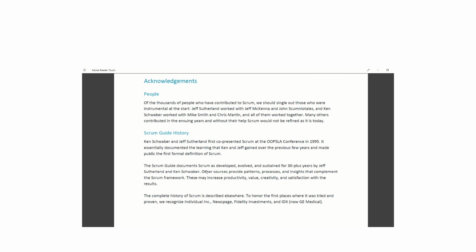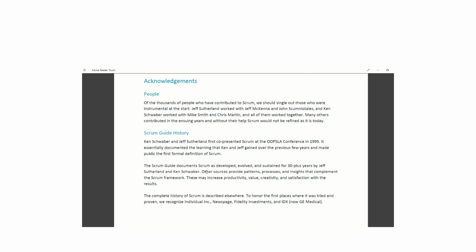Scrum Guide history. Ken and Jeff first co-presented Scrum at the OOPSLA conference in 1995. It essentially documented the learning that Ken and Jeff gained over the previous few years and made public the first formal definition of Scrum.